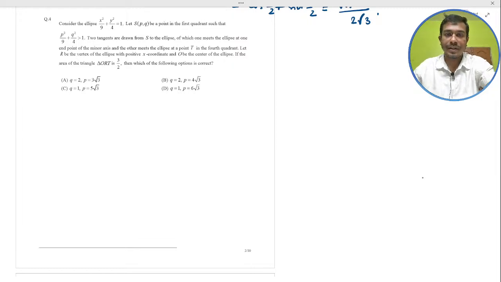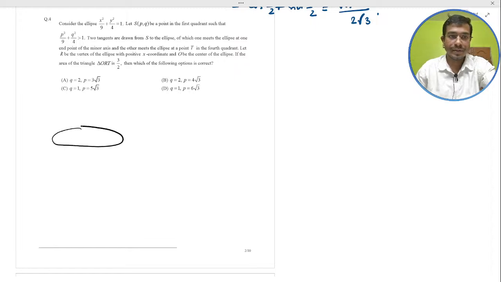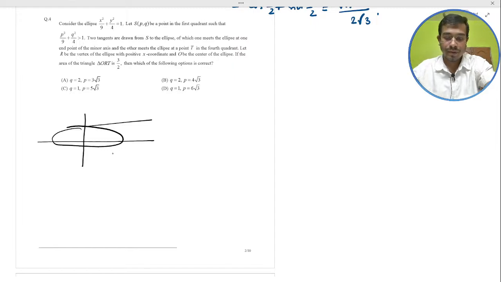I have drawn a figure for your better understanding. This is the ellipse, with semi-major axis and semi-minor axis. And here it is a point S(p, q). This is a tangent.